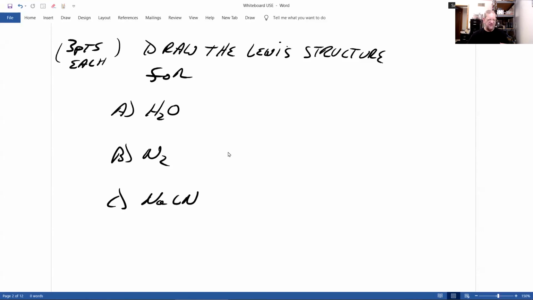And I'll do these. How do you do that? As soon as you see Lewis, you should know valence electrons. Hydrogen, 1 valence electron. Oxygen, 6 valence electrons. So 1 hydrogen, 1 oxygen, 1 hydrogen.